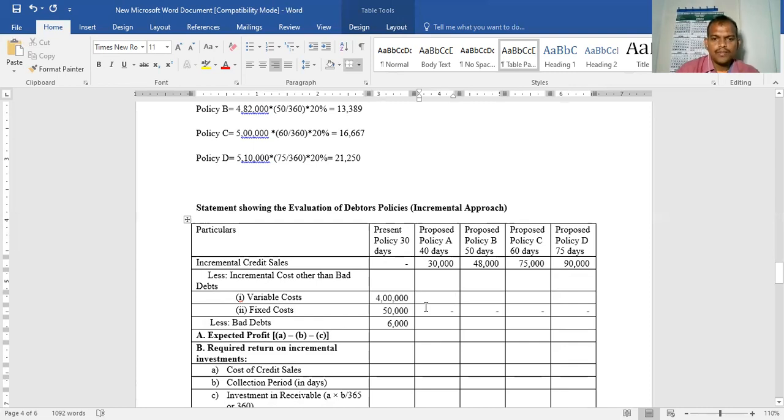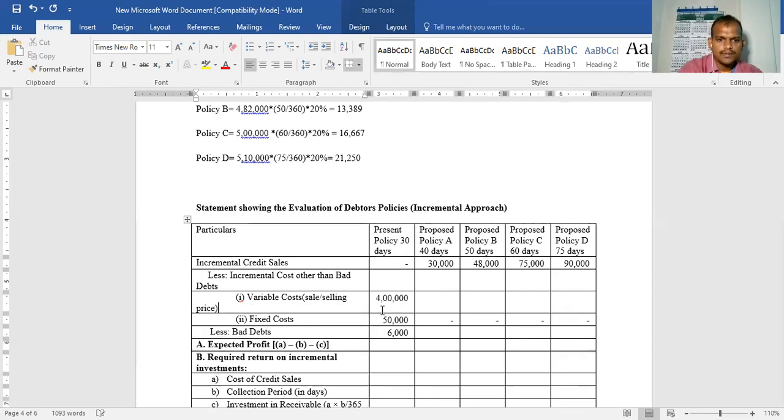That is 30,000 divided by 3: sales by selling price into variable cost per unit. 30,000 by 3 is 10,000, into 2, 20,000 is the variable cost.